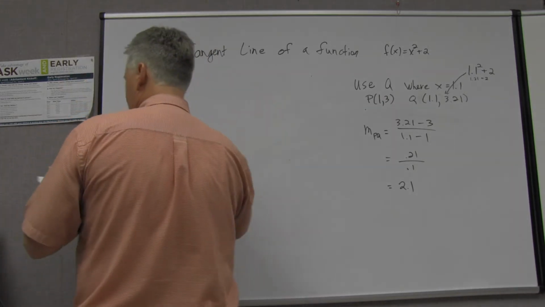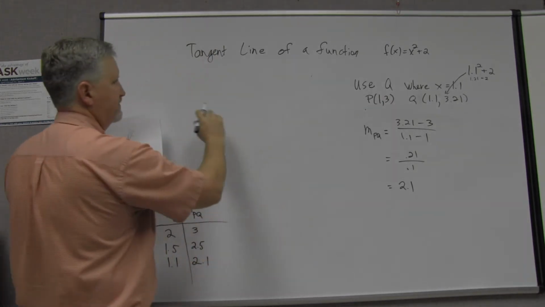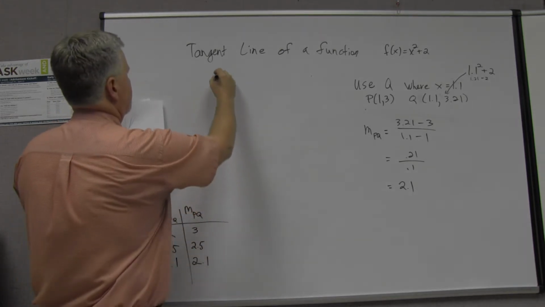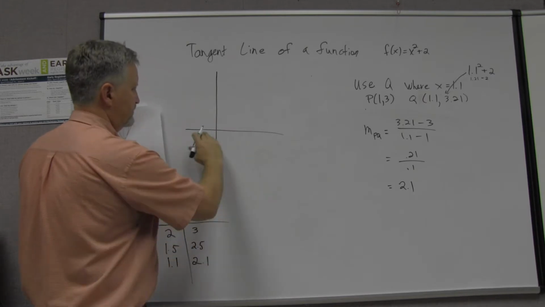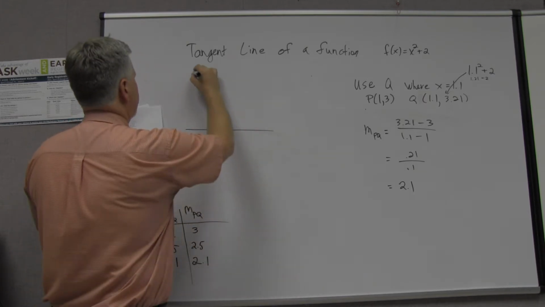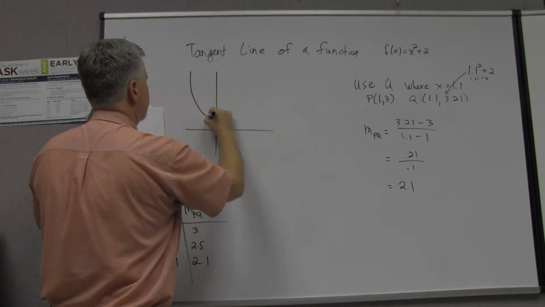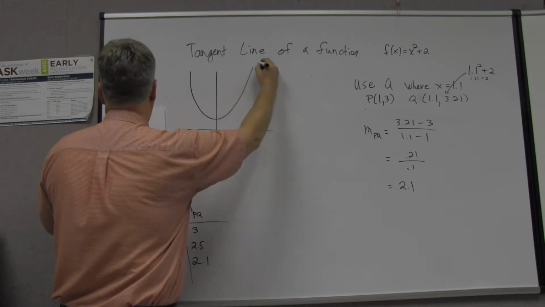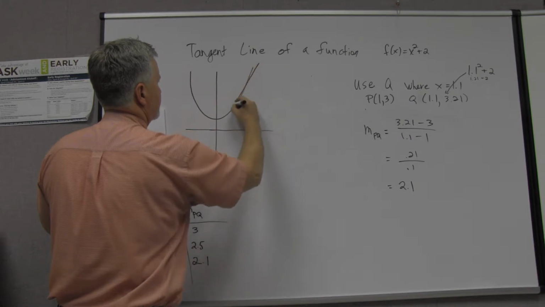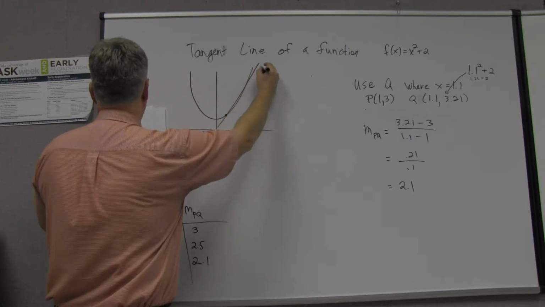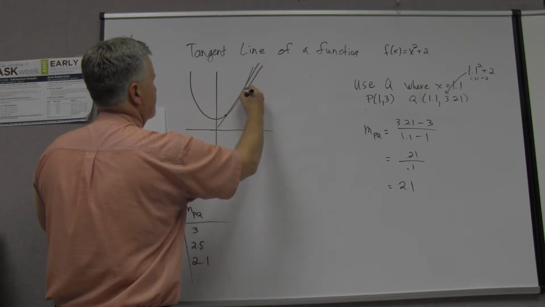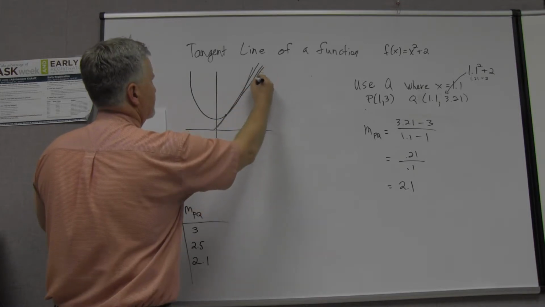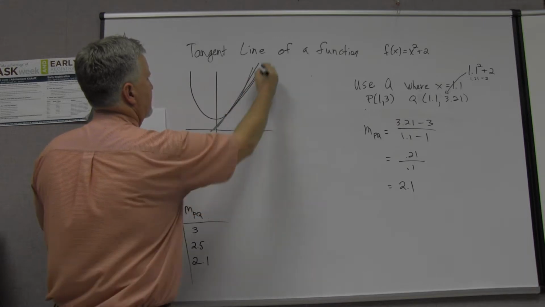is I've graphed the secant lines in number 1, 2, and then my third one I didn't draw, but it's drawn here. So here's our graph, and then secant line 1 comes in like this at 1, 3, and then secant line 2 comes in like that, and then secant line 3 comes in like that.